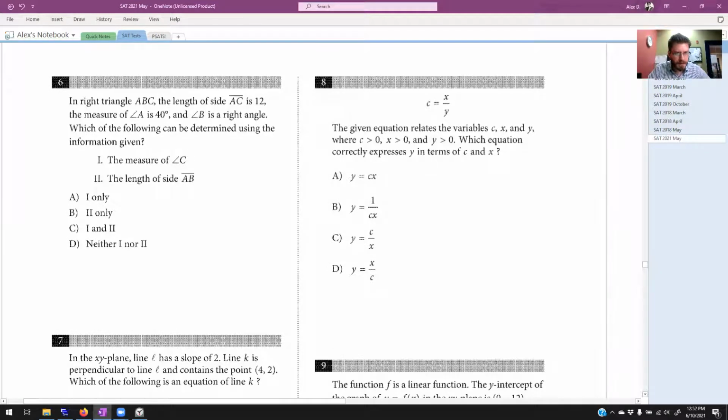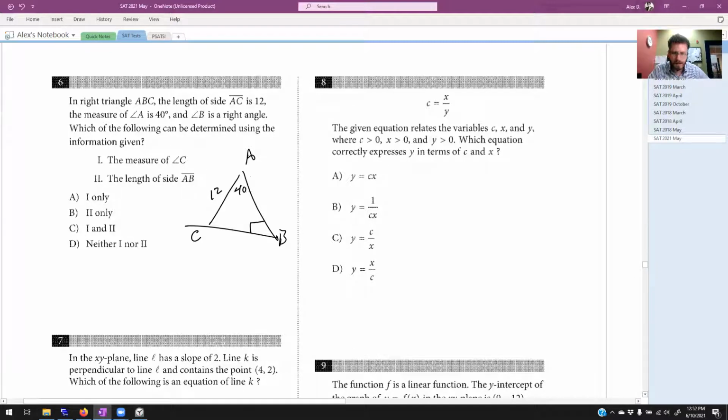Which of the following can be determined using the information given? So always draw the triangle. Triangle ABC, side length AC is 12, measure of A is 40. B is a right angle. I didn't draw it as a right angle, but we'll understand that it is. Which of the following can be used?